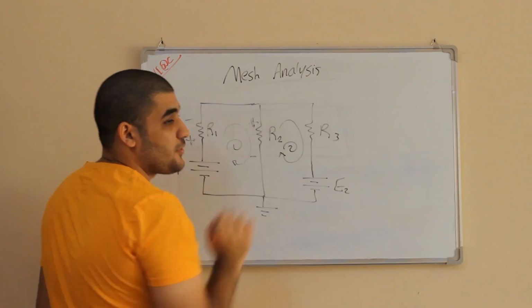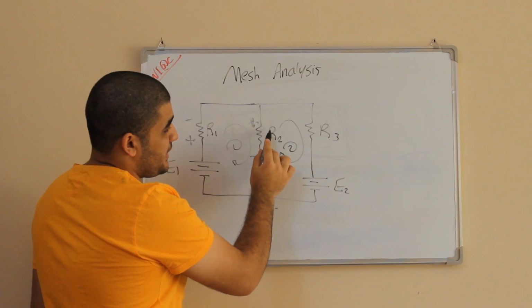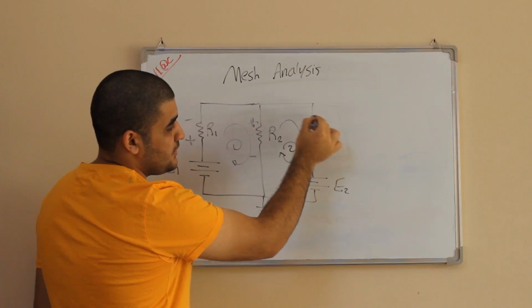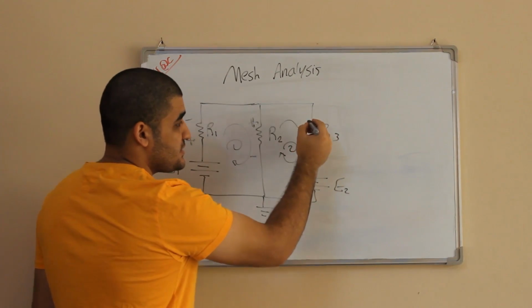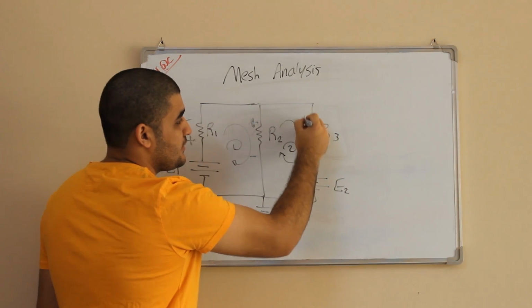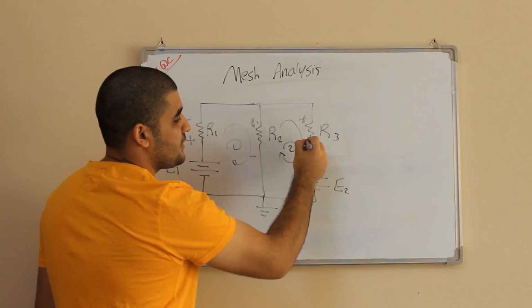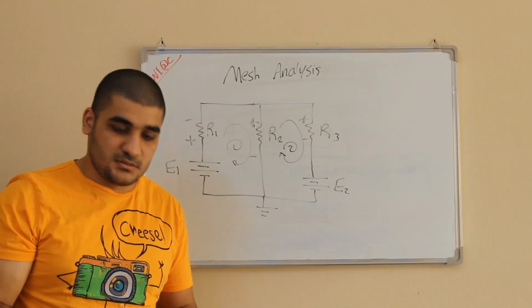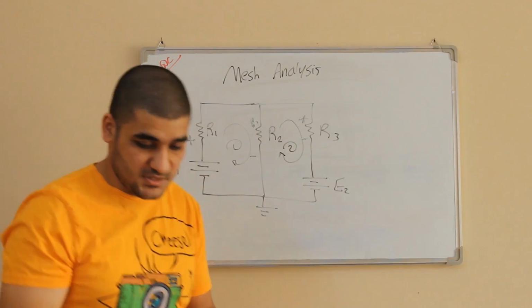I look at R3. The current direction is going up, up, up, up, and then down. So it enters the resistor element here, I will put a plus sign and the corresponding negative sign. That's the second step over.